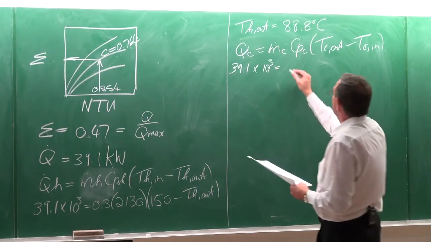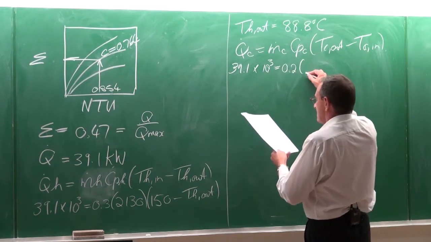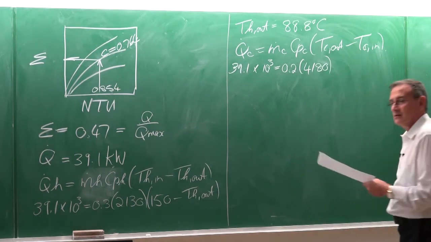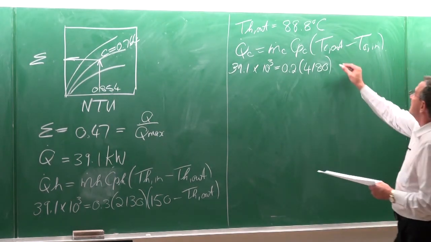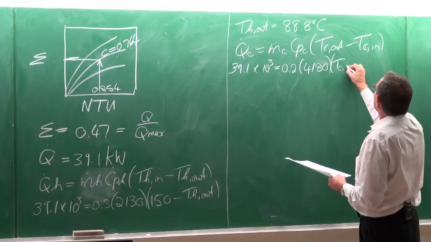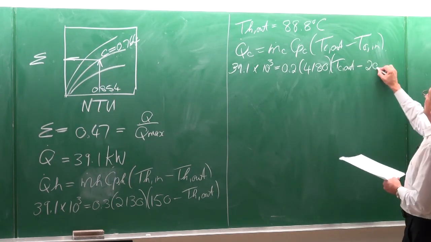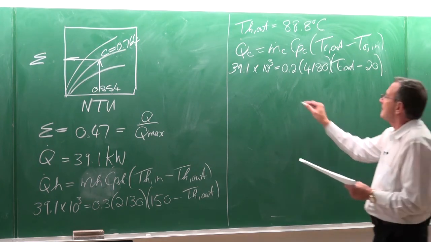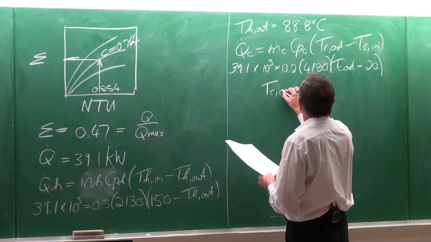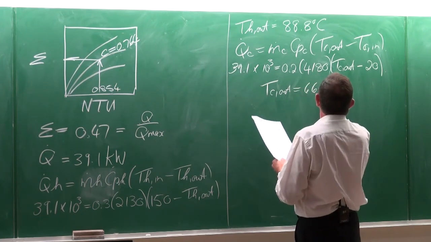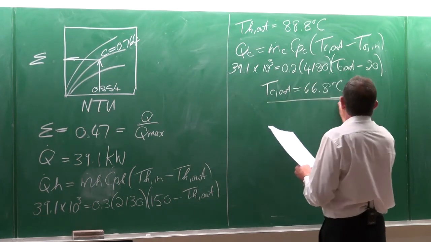The mass flow rate is equal to 0.2. Cp is 4180. The outlet temperature we want to determine, the inlet temperature was 20, from which we can calculate the outlet temperature as 66.8 degrees Celsius.